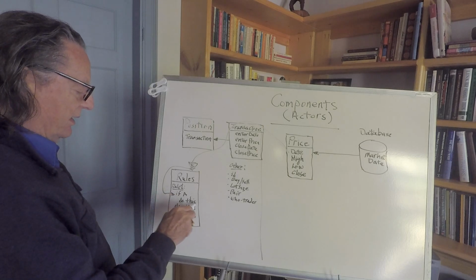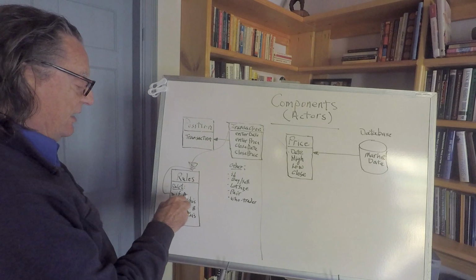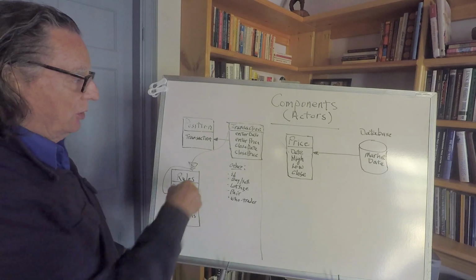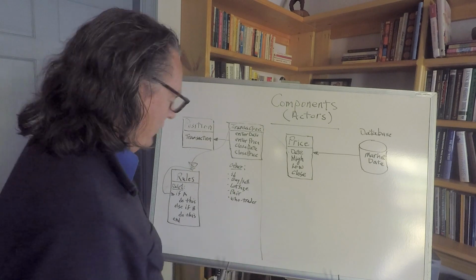If A, do this, else if B, do that. So I could say if a stop was hit, then close all the positions, or close all the transactions in the position, which effectively closes the position.